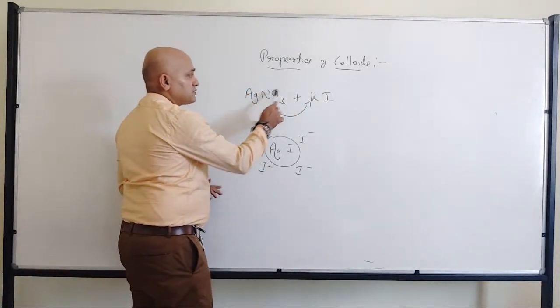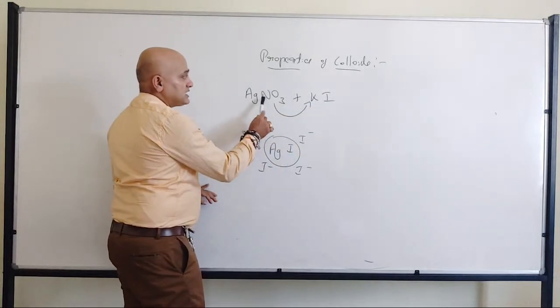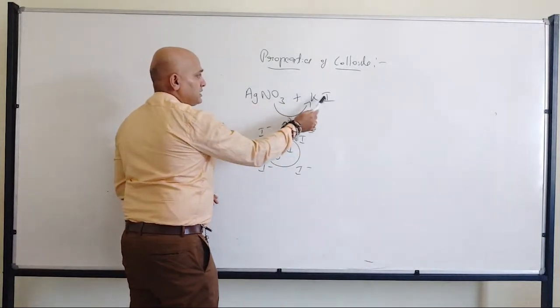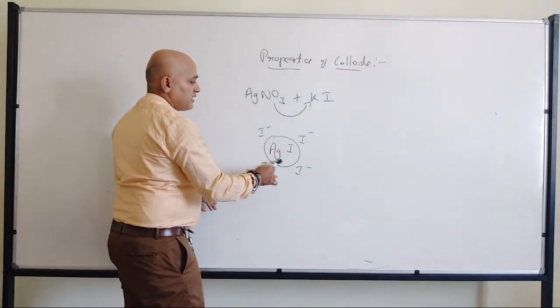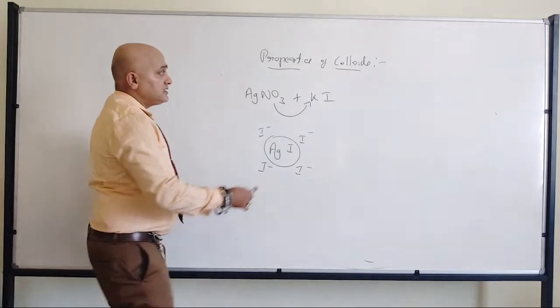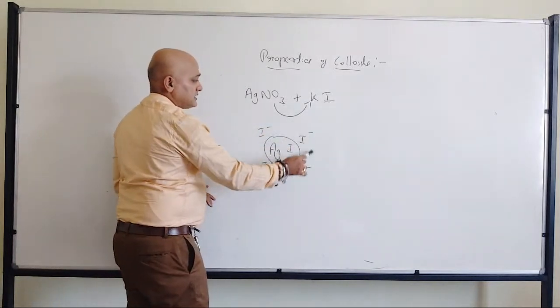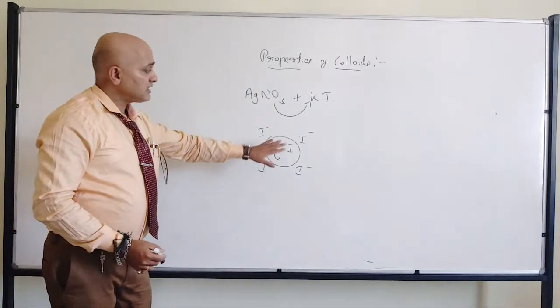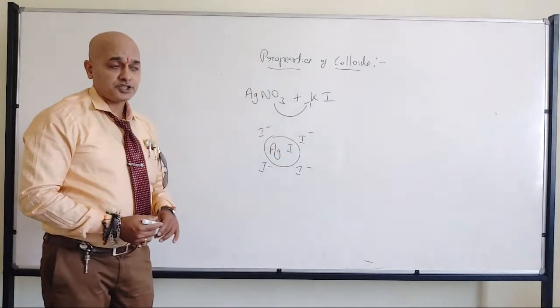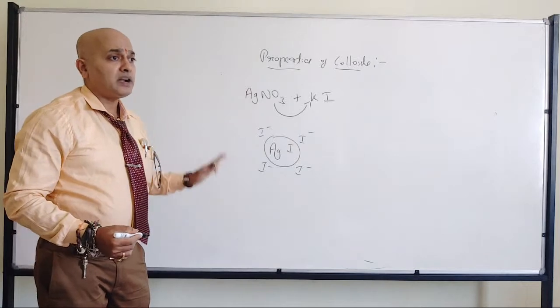Now there will be displacement: NO3 minus will be displaced by I minus. That is where I get silver iodide, and the iodide which is in excess will surround the silver iodide. So there will be formation of a negative charge on the colloidal particles.